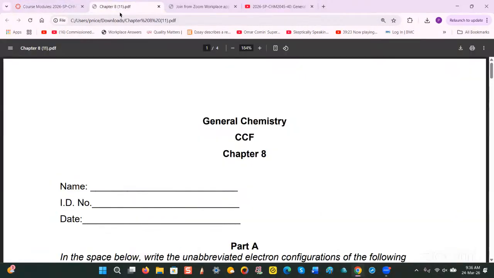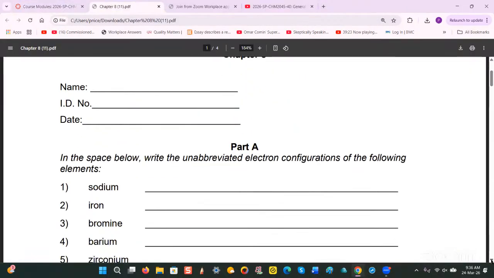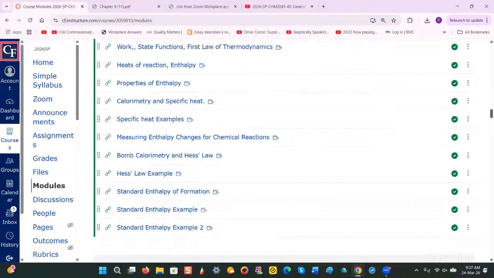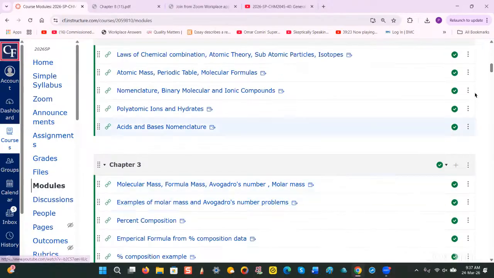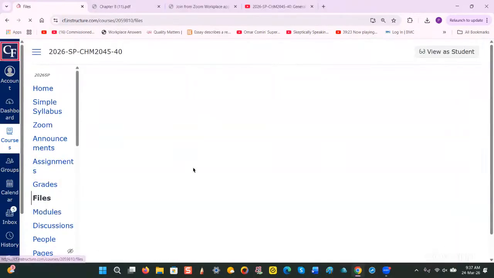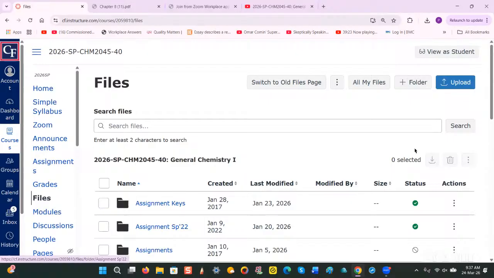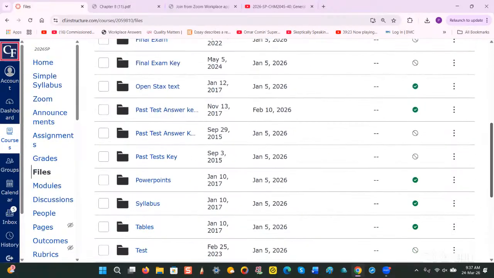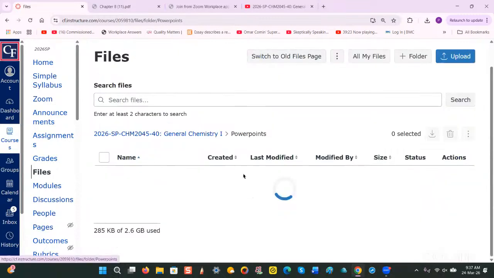So there's a diagram. Oh, right. So I was looking for this diagram here. Go back to files, which gives you the order of the orbitals in an atom. All right.